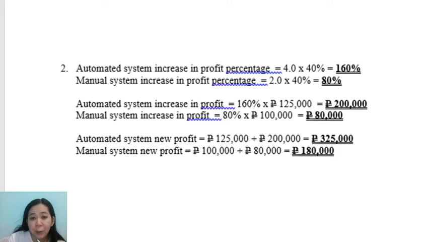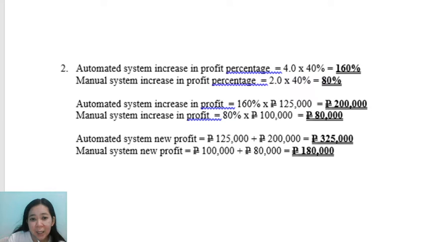Or if you're going to convert it into sales revenue, we will use the percentage and multiply it. So for automated system, there will be an increase in profit from 125,000 to 200,000. And for manual system, the increase is 80,000.